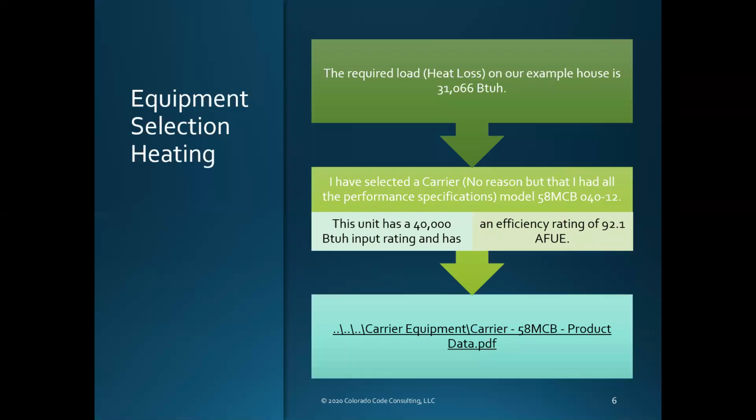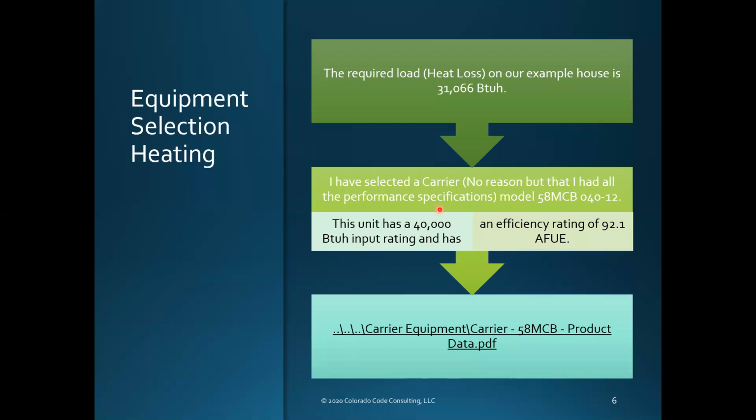So what do we do? Well, first we'll talk about how big a furnace we need. So that's our heat loss, yeah? In this particular example, we needed a little over 31,000 BTUs to heat the house. I did Carrier, only because I had the specs.